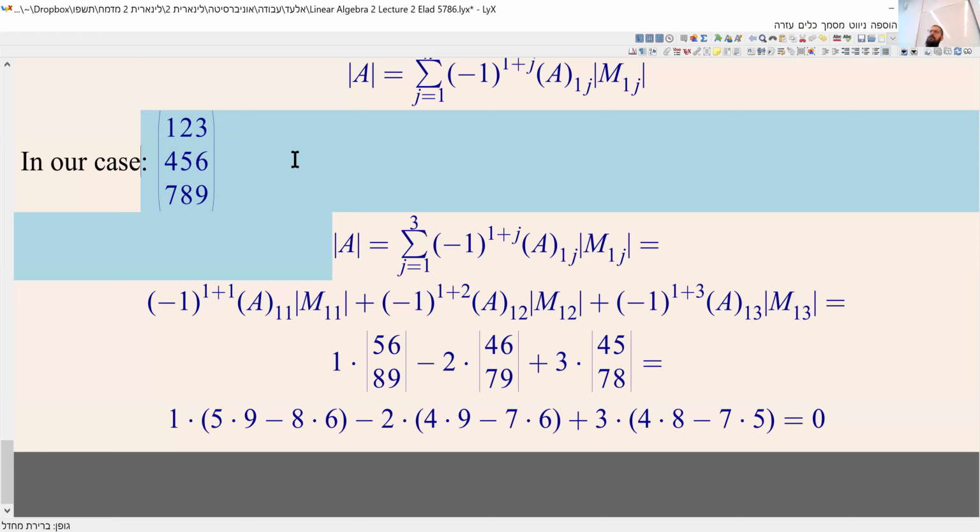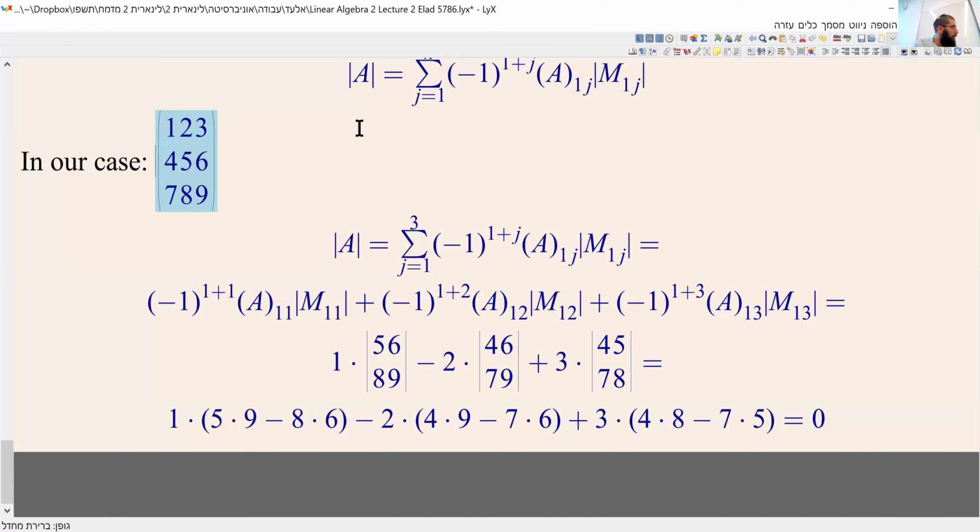How is this formula? The formula is exactly the formula from last week, when we talked about the permutations. Of course, it comes from the definition with permutations, but using the definition of permutations can be very exhausting. We showed for a determinant of a 3-on-3 matrix, there are 6 permutations and 6 elements in the formula.